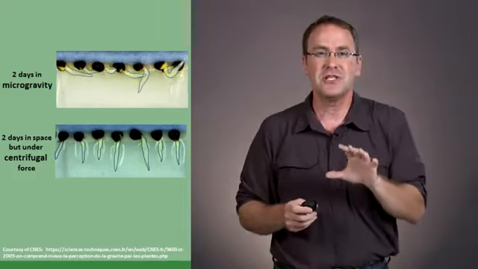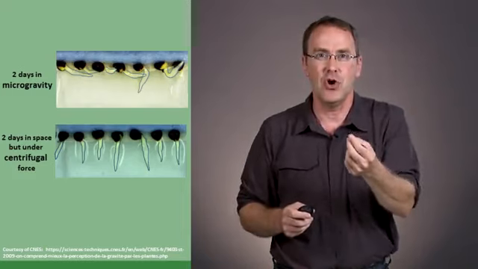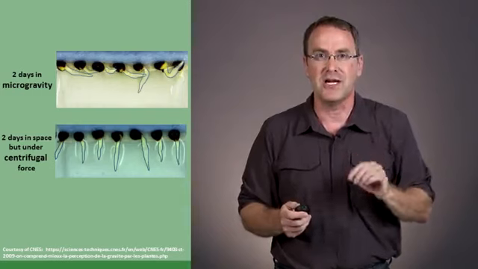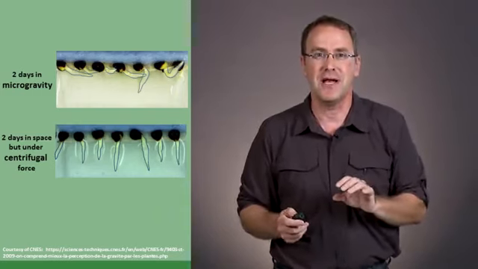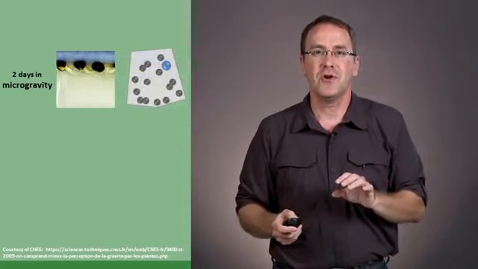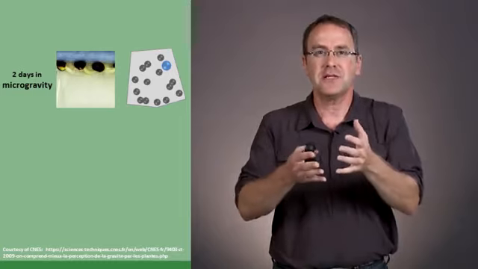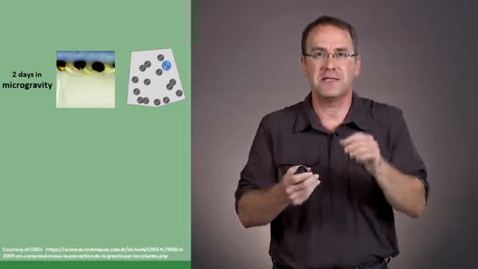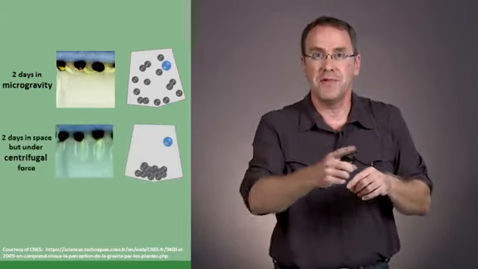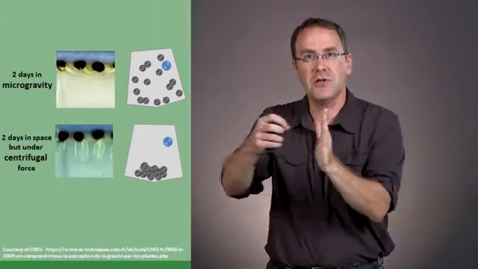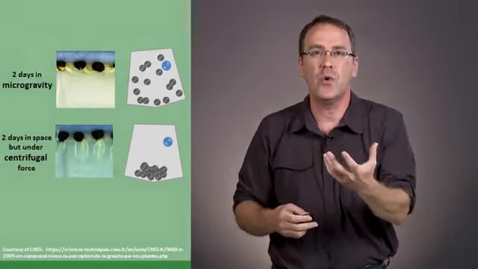So this is clearly showing, I think, that the seedlings need gravity to know where down is and where not down is. So what's happening here in space to their amyloplasts? When you look at the amyloplasts, in the absence of gravity, the amyloplasts are distributed evenly throughout the cytoplasm. They don't fall to the bottom. But when you put them in the centrifuge, the amyloplasts go to what would be the bottom side of the cell, and that helps the plant know which way to grow.